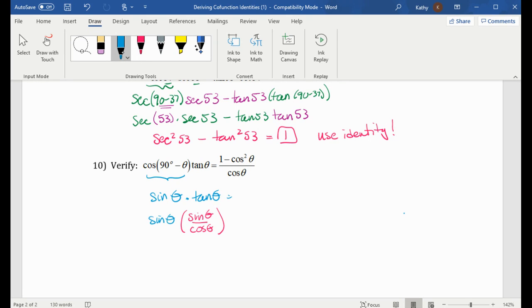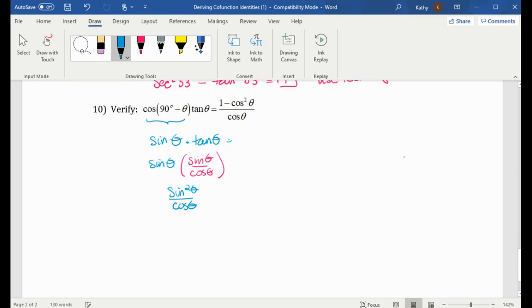Simplifying this together, multiplying, we get sine squared theta over cosine theta. Our identity, we want to get 1 minus cosine squared. You should again see that the identity for sine squared is 1 minus cosine squared theta. We're going to leave it over cosine theta, and that's exactly what we want: 1 minus cosine squared theta over cosine theta.